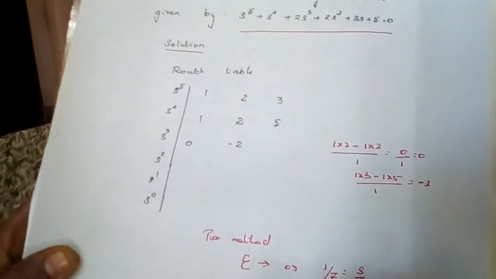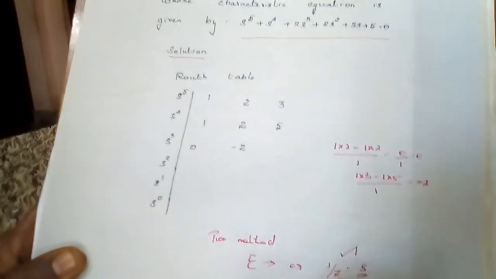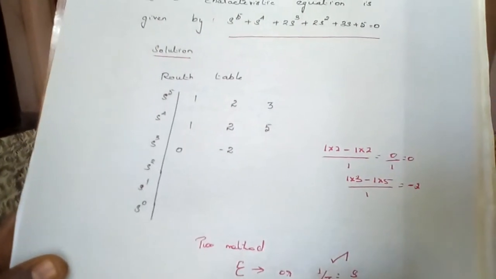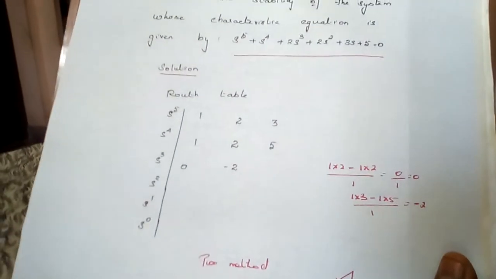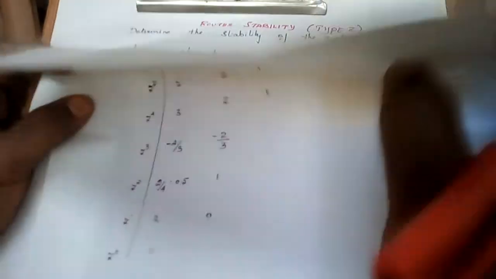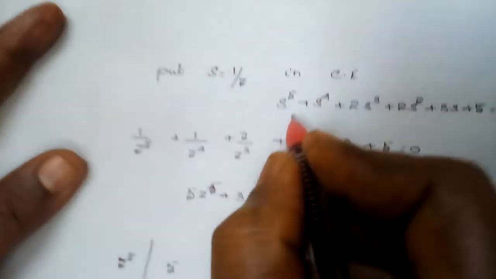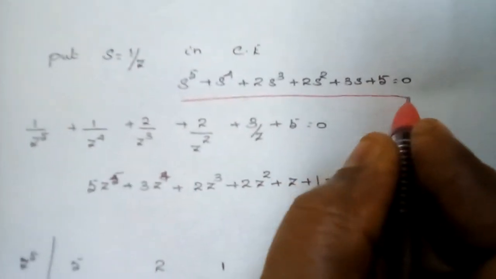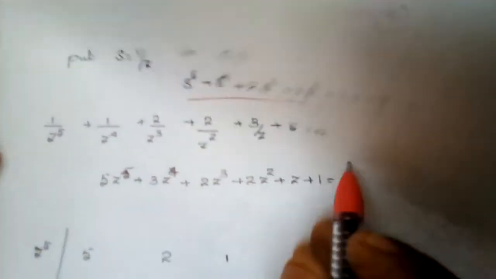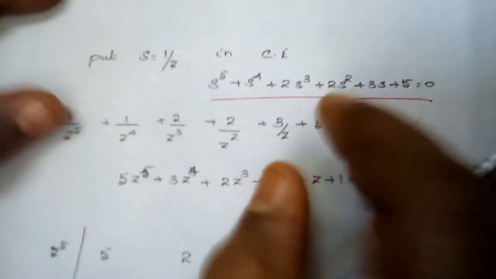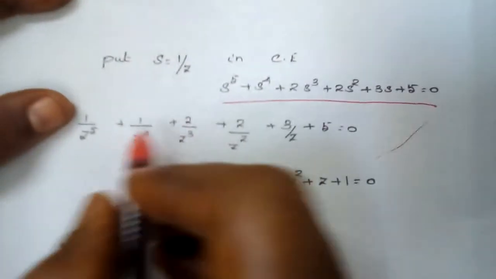First of all, I am going to choose the second case, substituting s as 1 by z. Put s is equal to 1 by z in the characteristic equation, which is given in the problem.